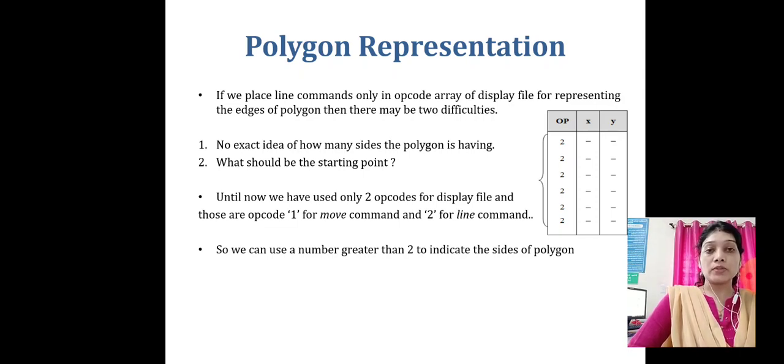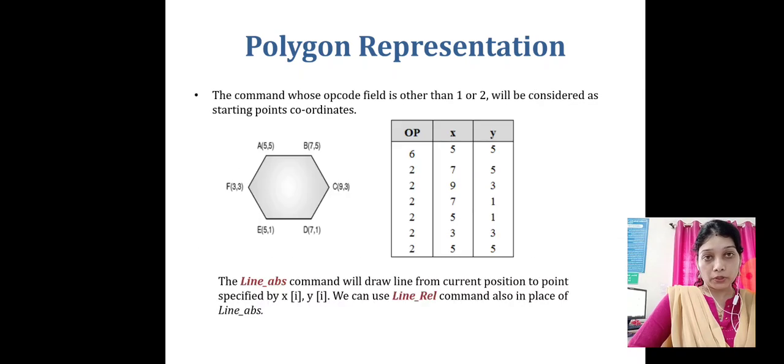Whenever we use any opcode greater than 2, it represents the sides of a polygon, because the number of sides of a polygon is always greater than or equal to 3. There is no opcode 3 for any command in the display file; only 1 and 2 are the basic commands. So we can use the number 3 onwards for representing the sides of a polygon.